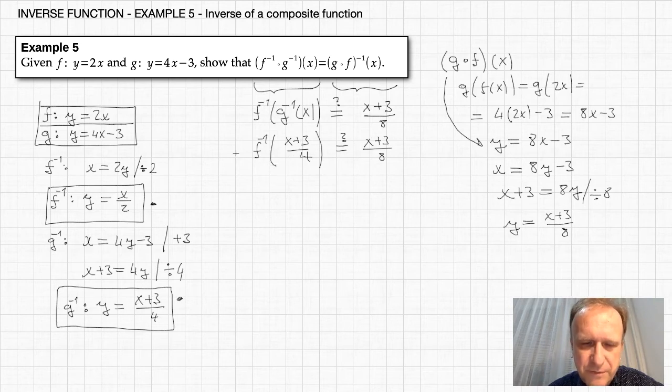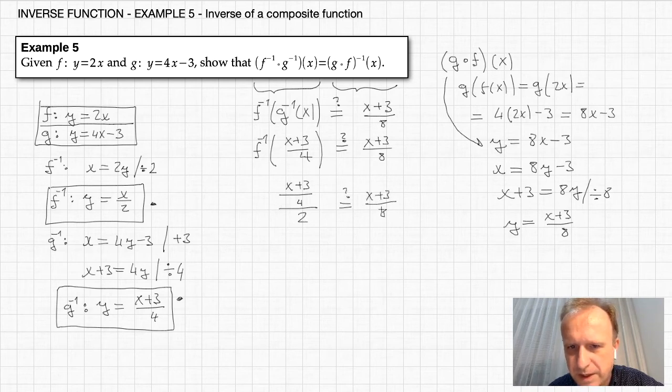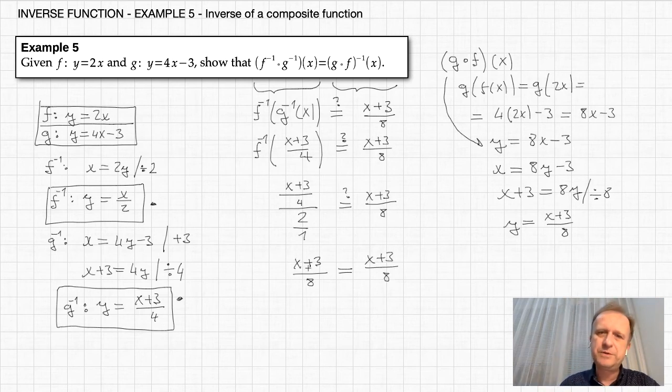It's x plus 3 over 4 divided by 2. And I ask, is this the same as x plus 3 over 8? Well, of course it is. Division by 2 is identical to multiplication by 1/2, and therefore the left-hand side really is x plus 3 over 8, and it equals x plus 3 over 8. And this way we were able to prove this nice identity.